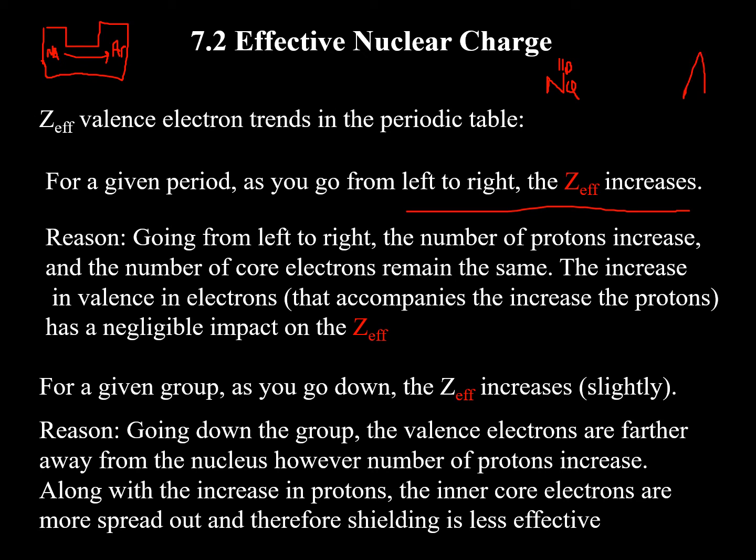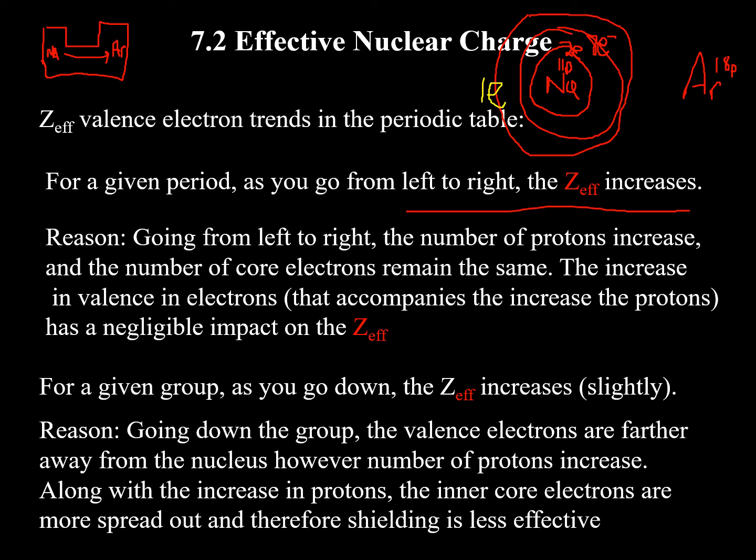Argon, 18 protons. And let's just draw the levels. For sodium, we have 2 electrons here, followed by 8 electrons, and we have 1 valence electron on the outside. I'll put this in yellow.